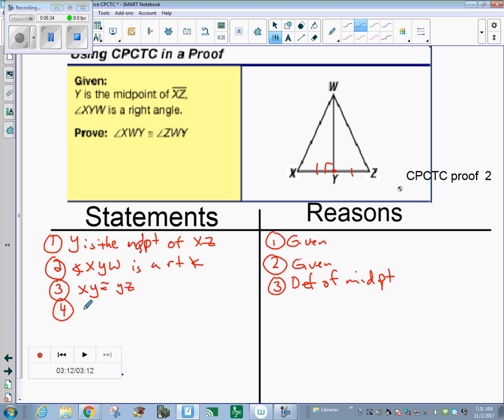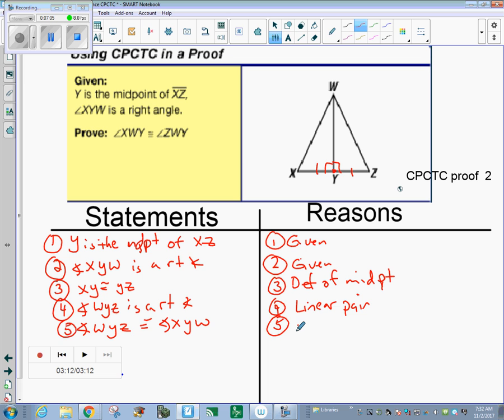And so we'll say that angle WYZ is a right angle. And we can say that because we have a linear pair, and we haven't used that one yet, so this guy's a right angle. And then the next thing is that WYZ is congruent to XYW. All right angles are congruent.